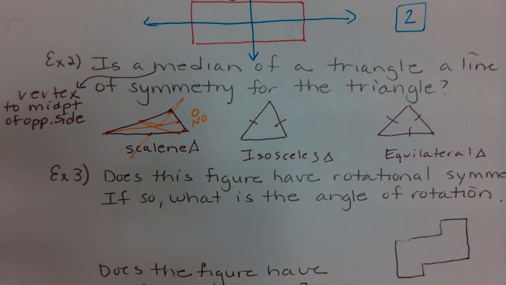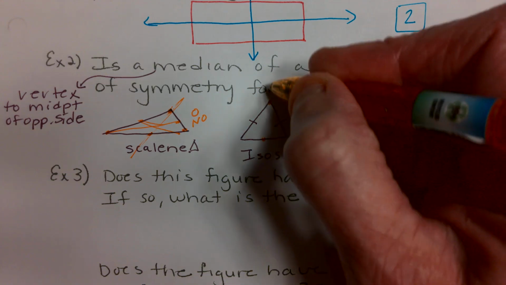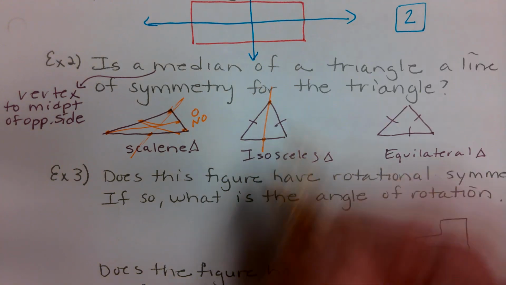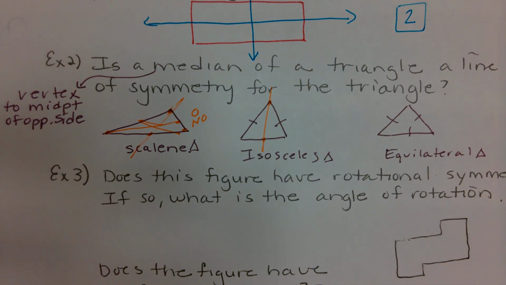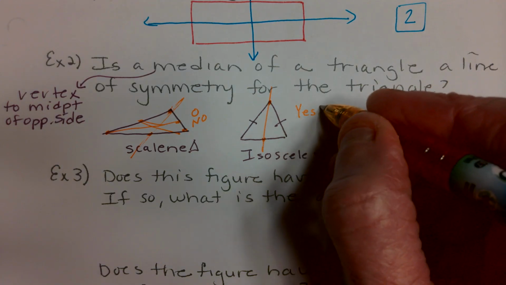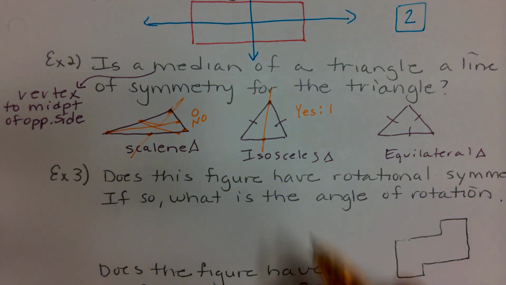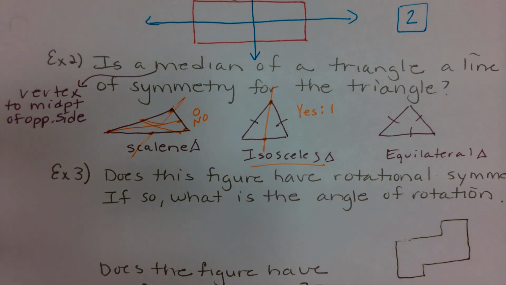Isosceles, though, I hope you can see that there is one, and it's from this vertex straight through the midpoint, although my triangle looking at it on the computer is slanted. I can see that now, but just pretend it's not. So, the answer is yes, there is one for the isosceles. How about the equilateral?